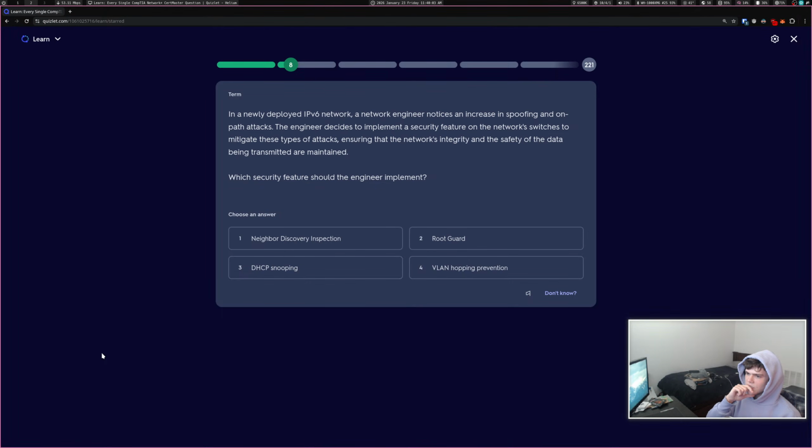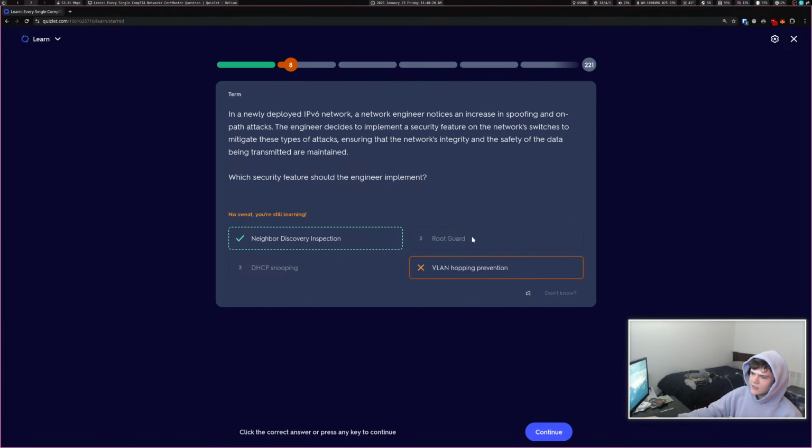Implement a security feature. In all honesty, I meant to click on root guard, but that also would have been wrong. I accidentally pressed 4, I meant to press 2.